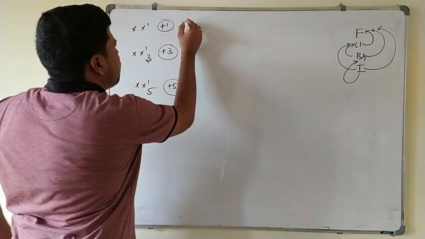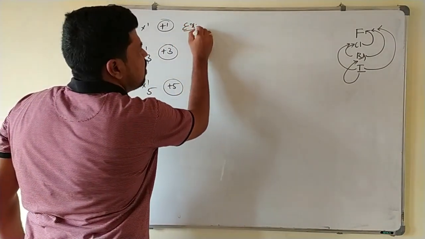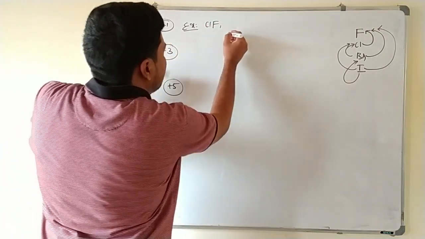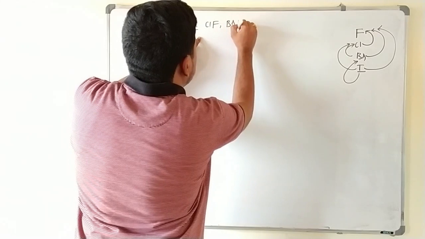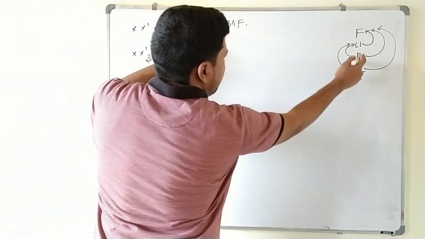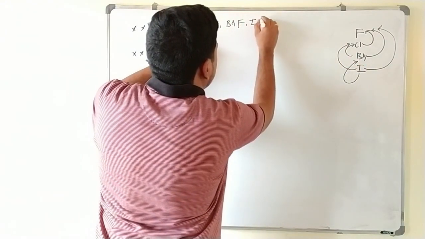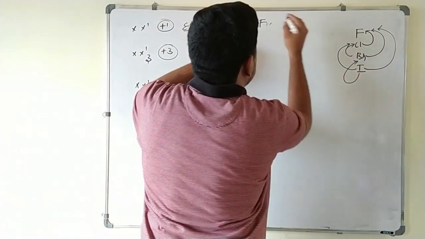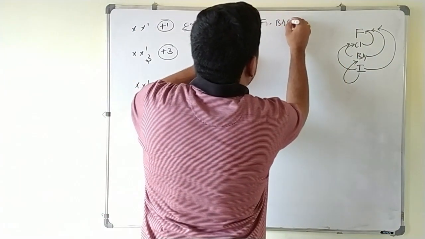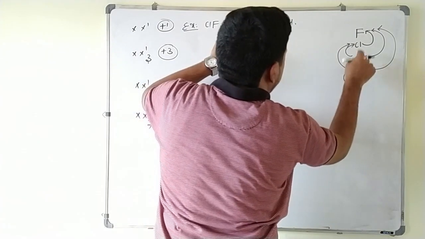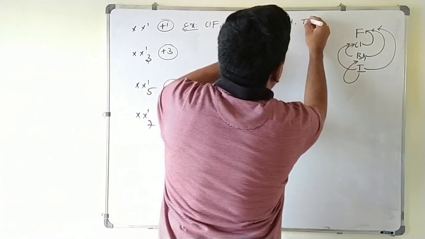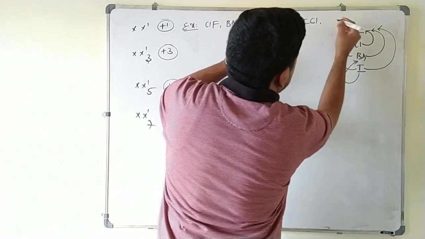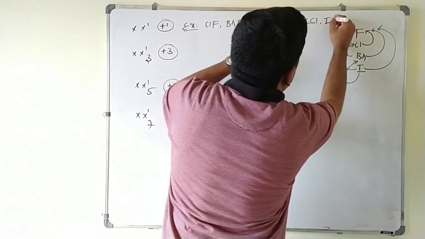So the examples for this type are ClF, BrF, IF, BrCl, IBr, and ICl.